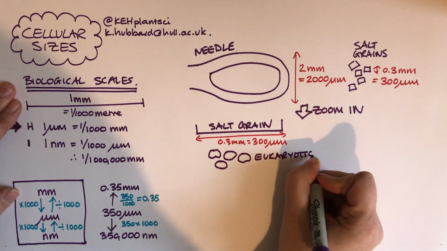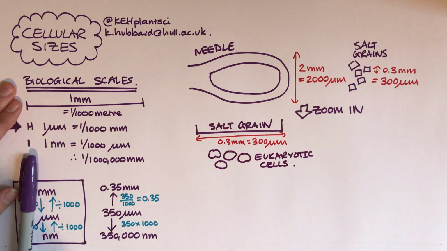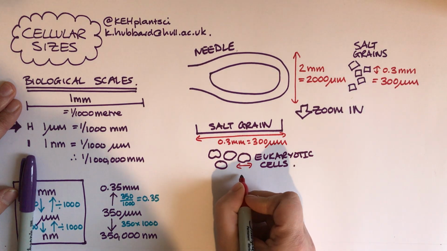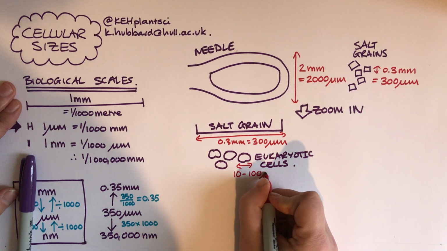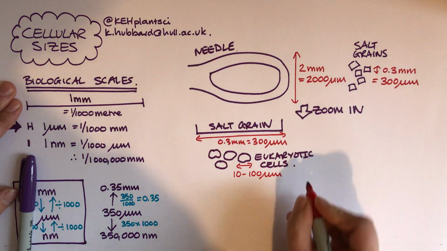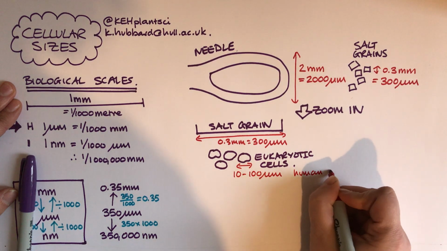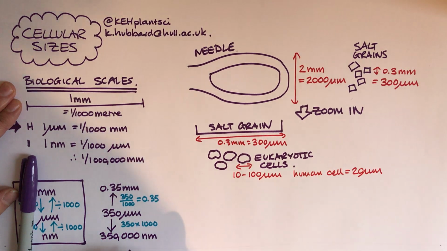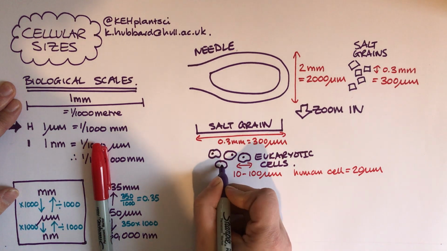They can be anything from about 10 to 100 micrometres across. A typical human cell might be about 20 micrometres across. We might be able to just see the little nuclei in those.